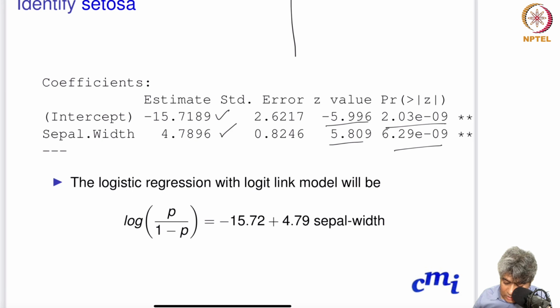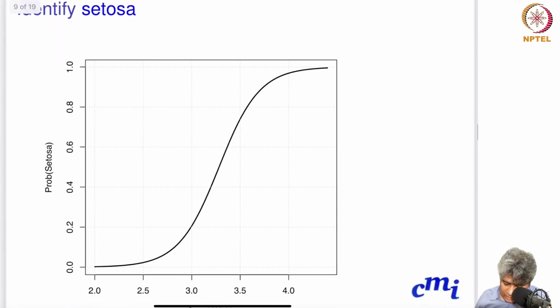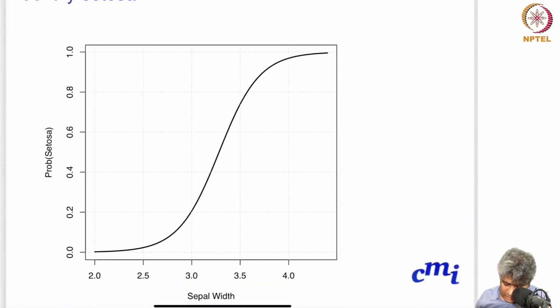So these coefficients are statistically significant if we assume that normality kicks in and we have enough data to work on. If you believe that, then what we are seeing is that as the sepal width increases, the probability that a given flower belongs to the species setosa also increases.